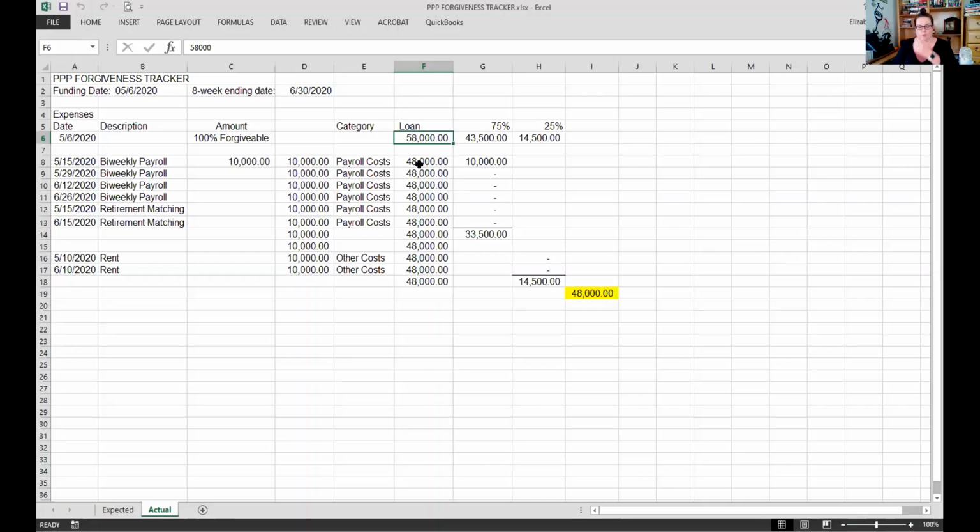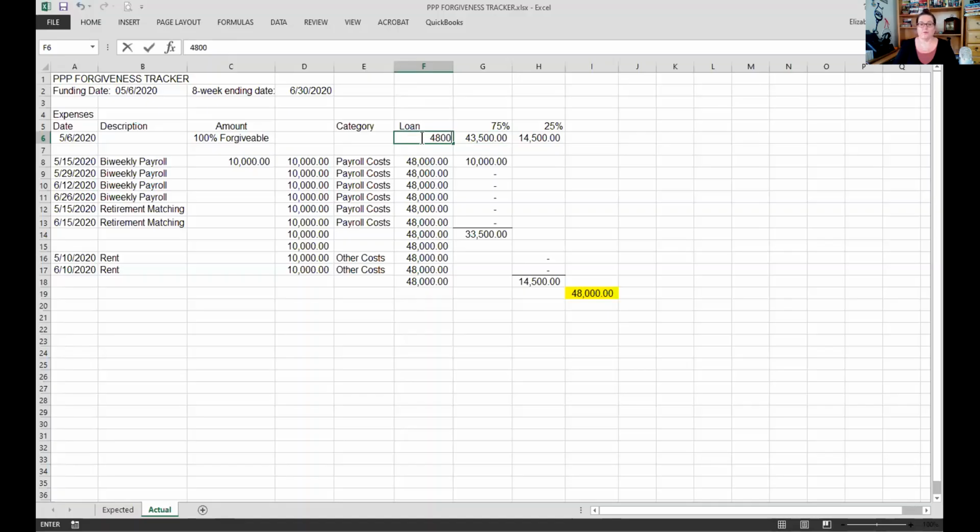What we don't know is the 75% that you need to hit. Is that off of the total loan amount? My gut says yes. Or is it off of the amount that's available to be forgiven, which in this case would only be $48,000 if you got a $10,000 EIDL. I do not know that answer yet, because that would really change things.